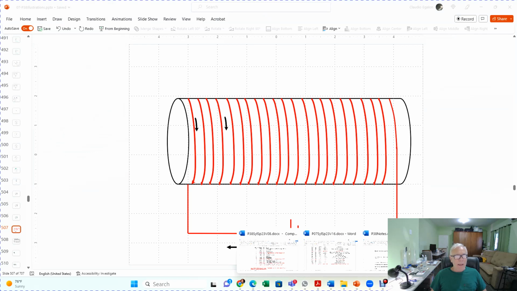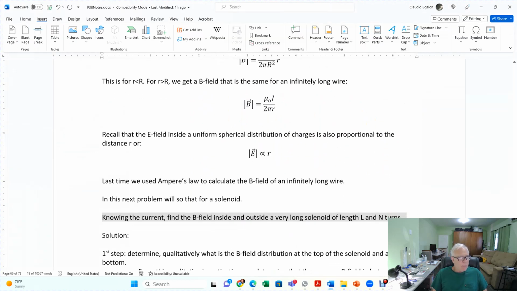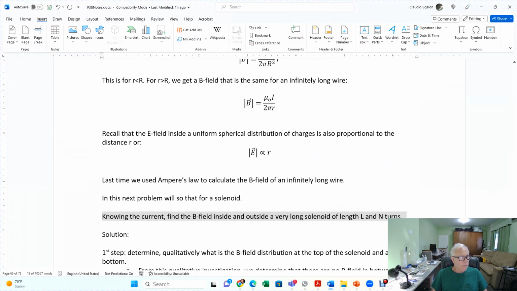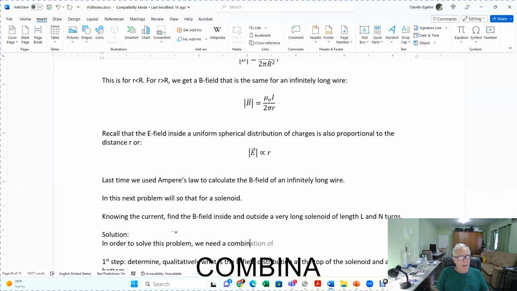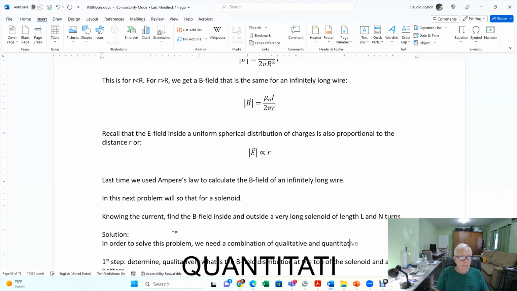Let's go back here. Very important to keep in mind, in order to solve this problem, we need a combination of qualitative and quantitative analysis.